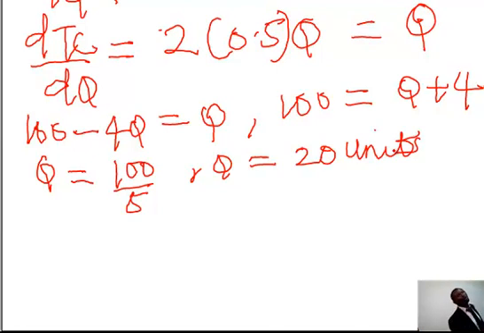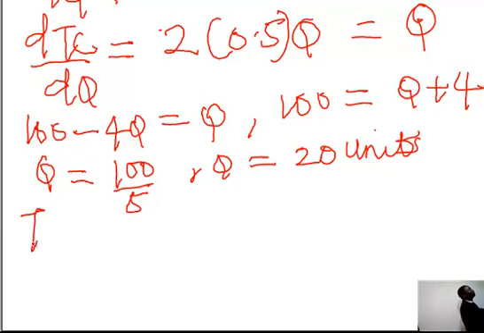So now, since we have applied the first order condition and we got our Q to be equal to 20 units, the next thing to do is to check whether this 20 units will fit the total revenue and the total cost to arrive at profit.